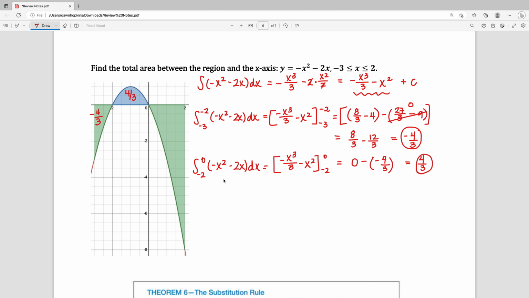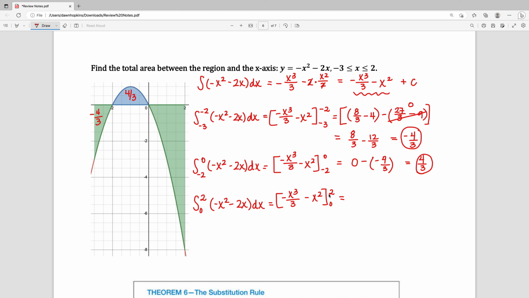So now we're just left with the third area, the final area, which goes from 0 to positive 2. And one last time, we're going to evaluate this. So this time we put in a 2, positive 2 for x.